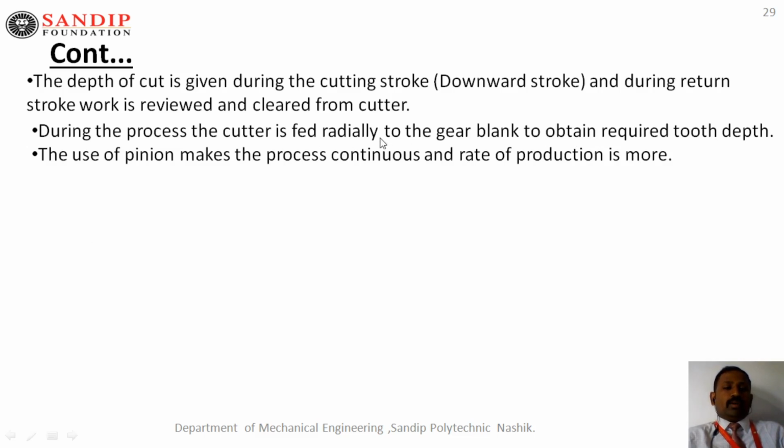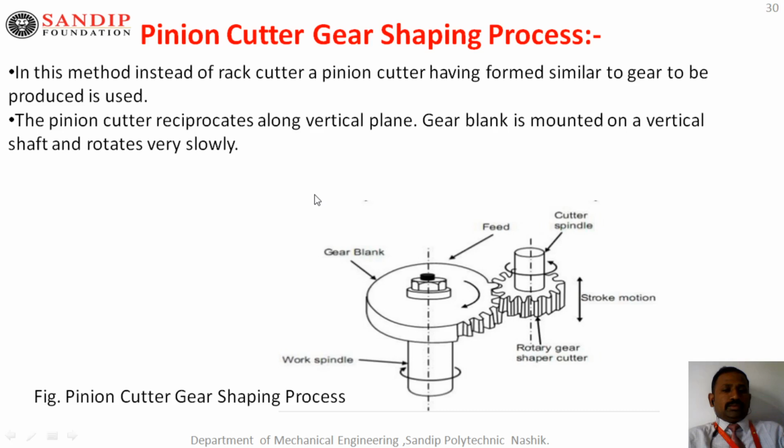That is also very important. Not only downward but radially also, to get the required depth. The use of the pinion makes the process continuous and the rate of production is higher compared to the rack cutter, so the pinion cutter is mostly used. Now the pinion cutter gear shaping method.